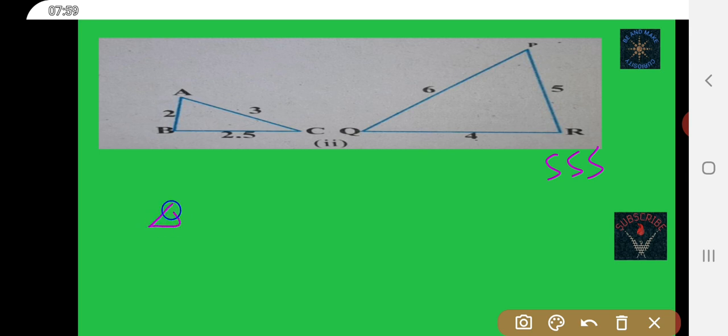So triangle ABC is similar to triangle QRP, okay.